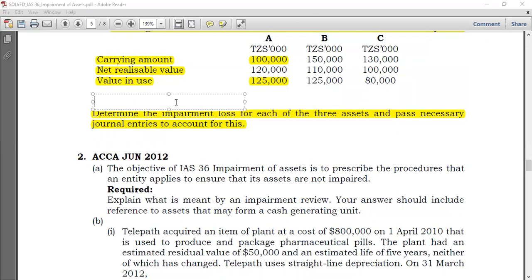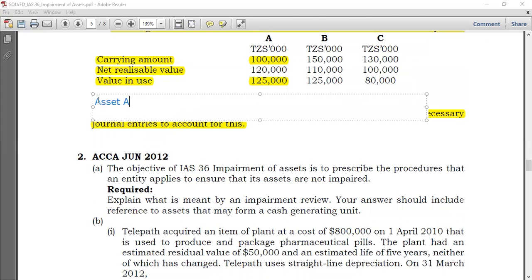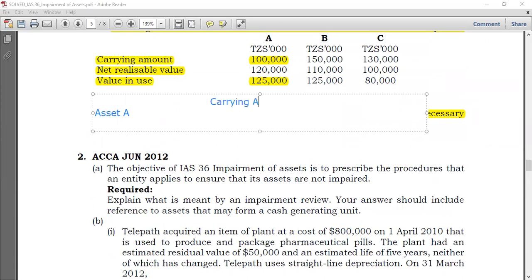Now let's start with asset A. Asset A here, as I told you, all we have to do is something very simple. We compare the carrying amount to the recoverable amount. We just take the amount that we can recover.